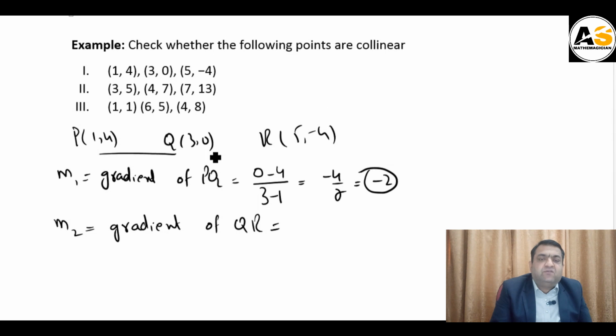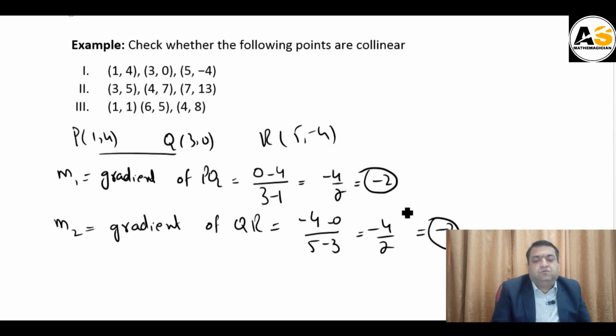So what is x1? 3, y1, 0, x2, 5, y2, minus 4. So I will put in the values: y2 minus y1 over x2 minus x1. This will be minus 4 over 2, which will again be minus 2.